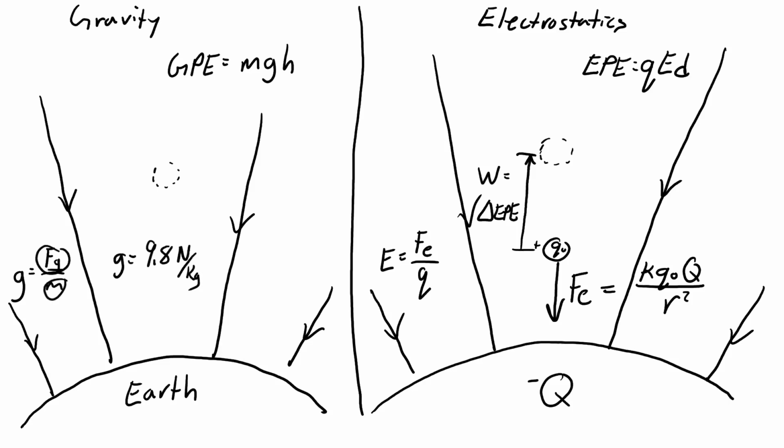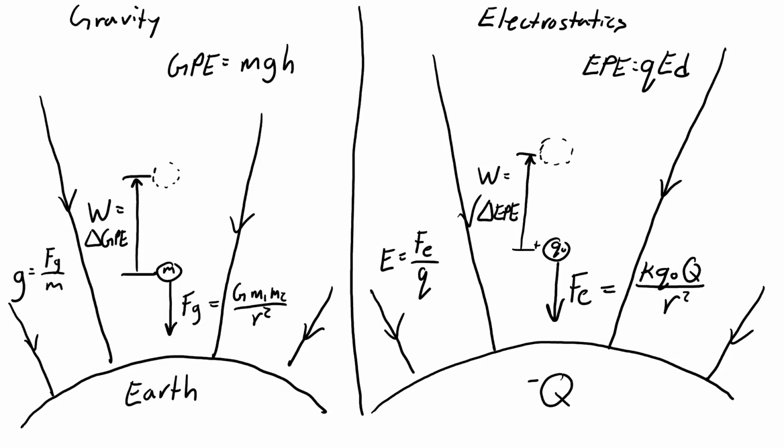Then for every 1 kilogram of mass there, you would have 9.8 newtons. If you put 2 kilograms of mass there, you would feel double the force. You would have 19.6 newtons. So the gravitational field strength is just a way to measure the field without actually putting anything in it.